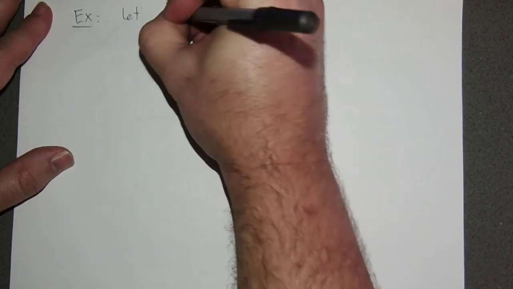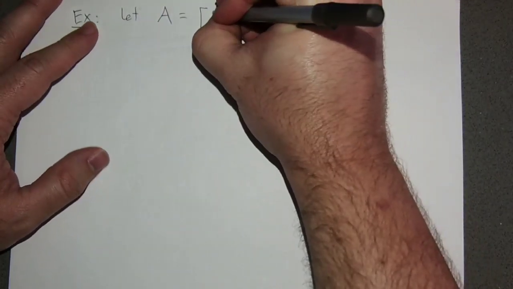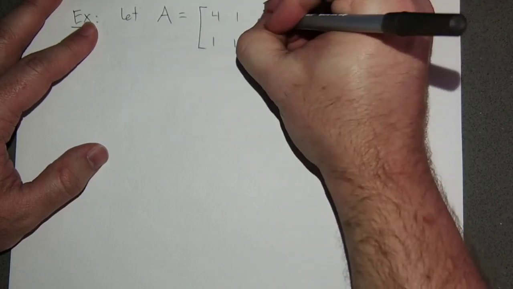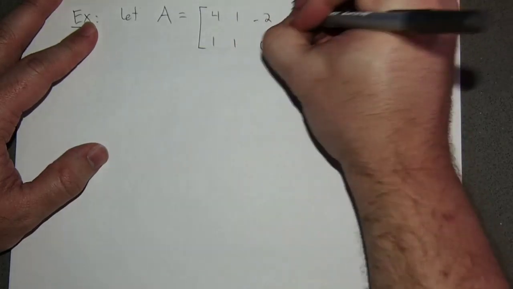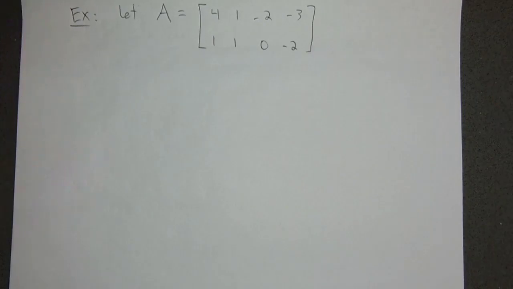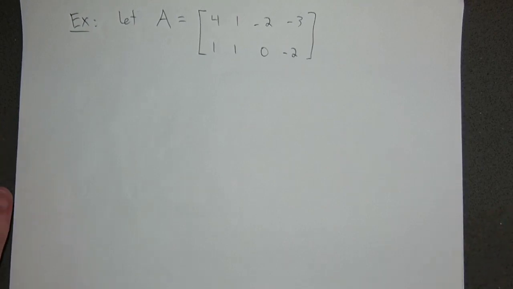Say that A is the following 2x4 matrix. So reading column wise, this is 4, 1, 1, 1, minus 2, 0, and minus 3, minus 2. Now, following that goal that we set out first, we want to come up with a geometric interpretation for what U is.